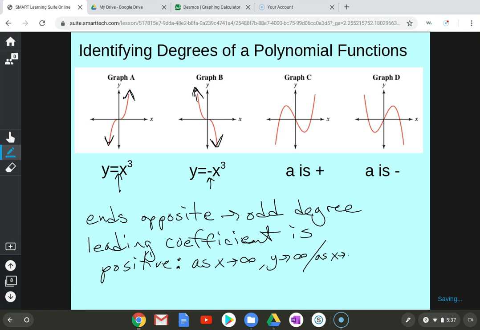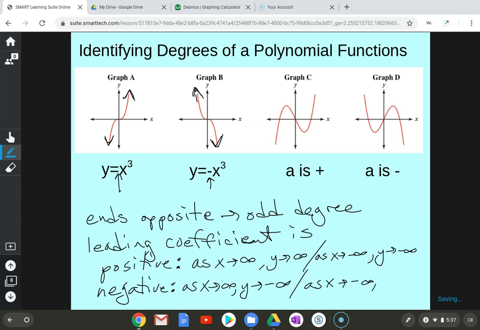As x approaches negative infinity, y approaches negative infinity. And if our leading coefficient is negative, it's going to do the exact opposite. As x approaches infinity, y approaches negative infinity. As x approaches negative infinity, y approaches infinity.